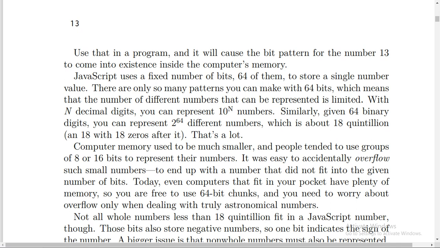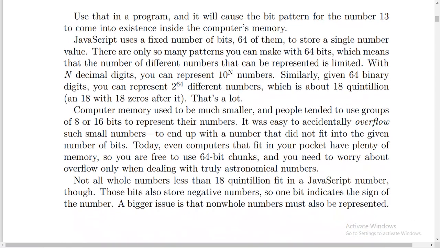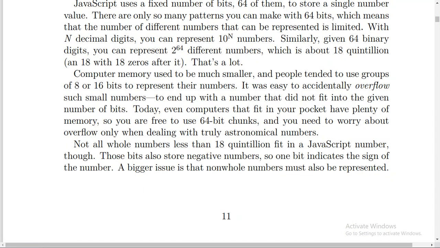Today, even computers that fit in your pocket have plenty of memory, so you are free to use 64-bit chunks, and you need to worry about overflow only when dealing with truly astronomical numbers. Not all whole numbers less than 18 quintillion fit in a JavaScript number.